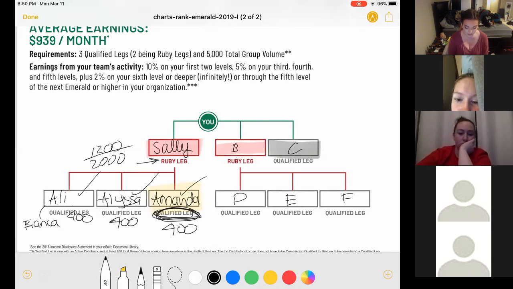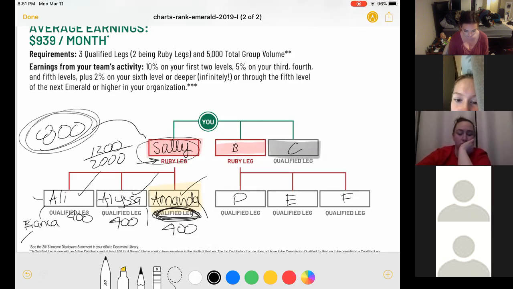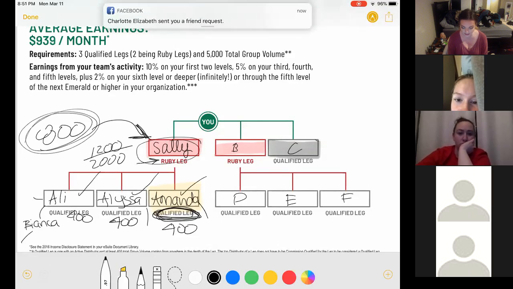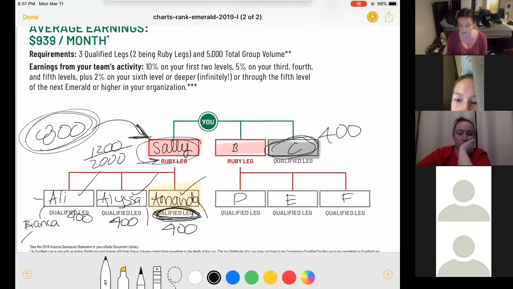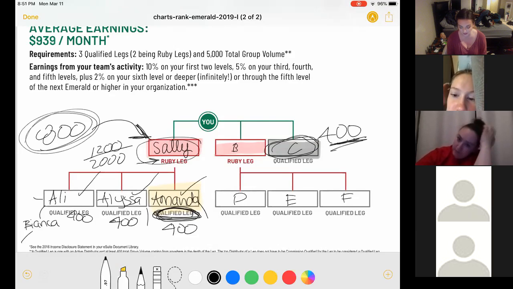So then between Sally, Amanda, Alyssa, Allie, and Bianca, they need 800 more total for Sally to be a Ruby, okay? Same thing for person B. Person C here just needs to have 400. She can have more, or just exactly 400. It doesn't matter, but she does need to have at least 400, okay?